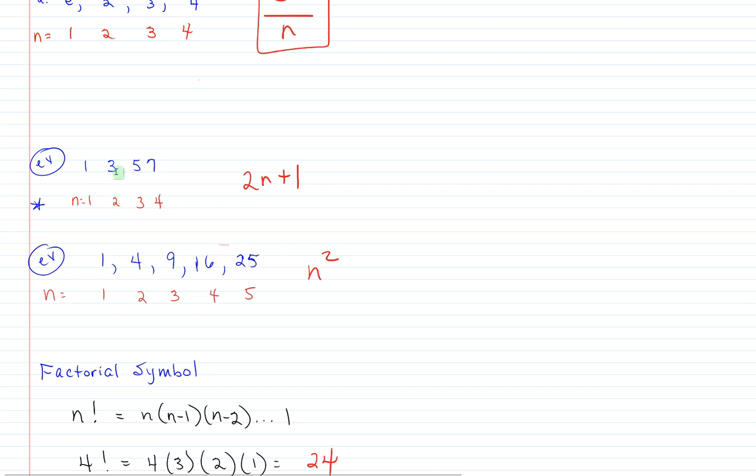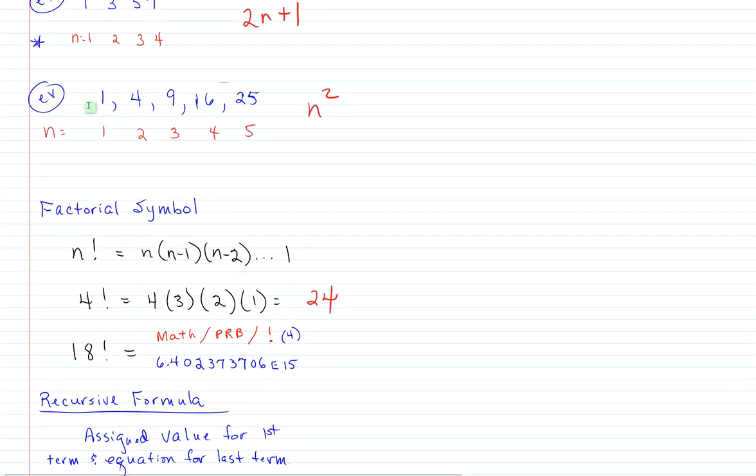So if n is 2, 2 times n plus 1 gives you the number. So we're getting the next number when we do that. If n is 1, then 2 times 1 plus 1 gives me 3. And then 2 times 2 plus 1 gives me 5. 2 times 3 plus 1 would give me 7.